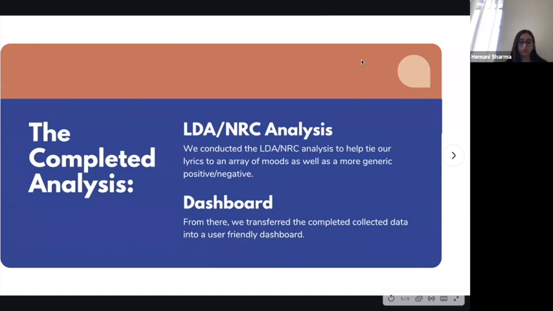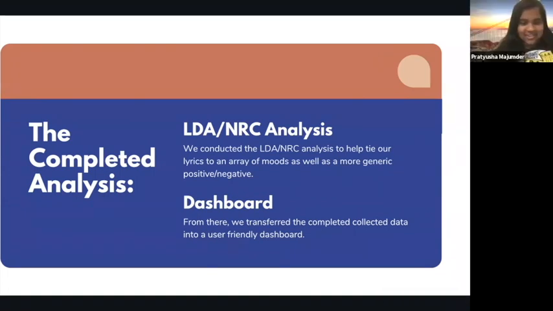Hi everyone, I'm Pratyusha and I'm a data scientist on this team. After we cleaned and pre-processed our data, we derived our mood categories by conducting sentiment analysis on the lyrics of the songs in our data set. For each song, we took the lyrics and conducted something called an NRC analysis on each of the words, and we were able to use that to return a score for 8 different emotions from the lyrics themselves.